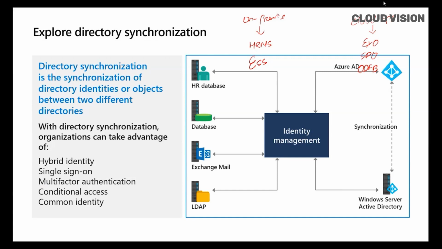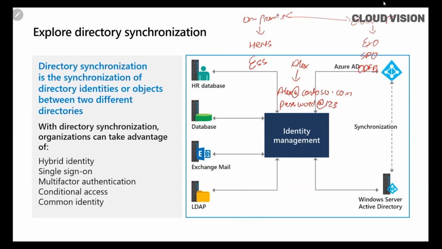Now, if I achieve directory synchronization with the help of the Azure AD Connect tool, my identities will be synchronized across both platforms. So if I have a user, maybe Alex, this user might be using the credential alex@contoso.com to sign in to their on-premise resources, and maybe the password is password@123.